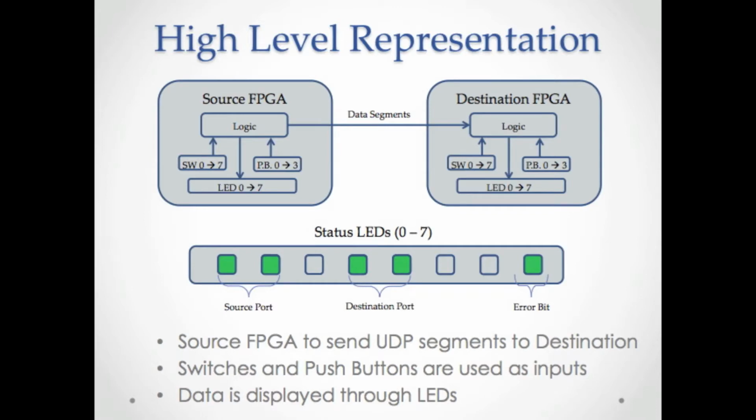So this is a high-level representation of our project. We have a source FPGA, which is sending data segments to a destination FPGA. Both of the boards use switches and push buttons which interact with the logic, which in turn displays data on LEDs. Of particular importance to us are the status LEDs, which tell us the source port number, destination port number, and error bit.